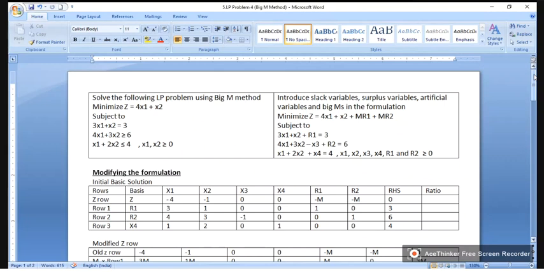Pawan Kumar, have you noted the problem, Pawan Kumar?